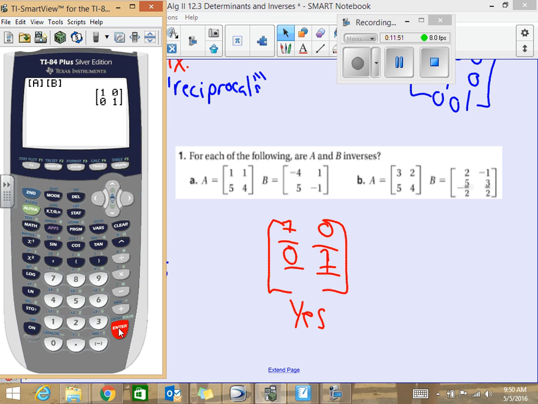Yes. How did you try to type in the fraction? If you can type them in exactly how they are. You just put 5 divided by 2. Yeah. So like here, it will change it to a decimal. Like if I did 2 divided by 5 and hit enter, it just changed it.